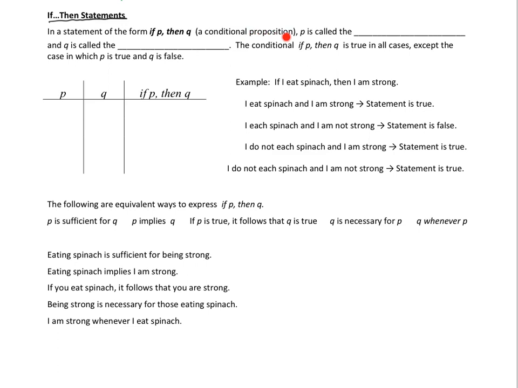We call this a conditional statement, with P being called the hypothesis and Q being called the conclusion. The conditional if P then Q is true in all cases except when the hypothesis is true and the conclusion is false. So let's set up our normal truth table that we have here.